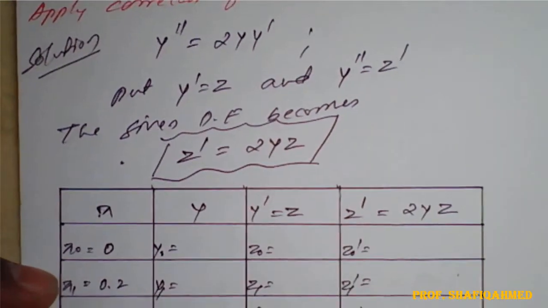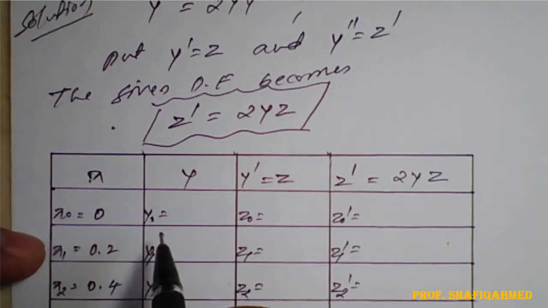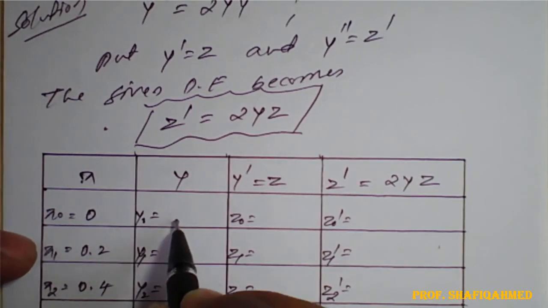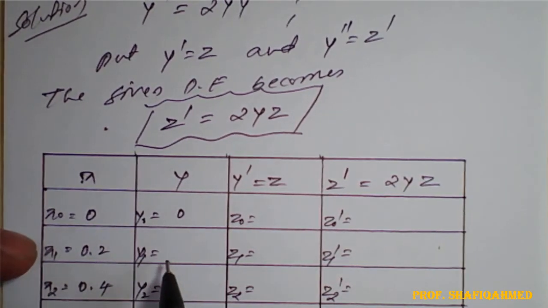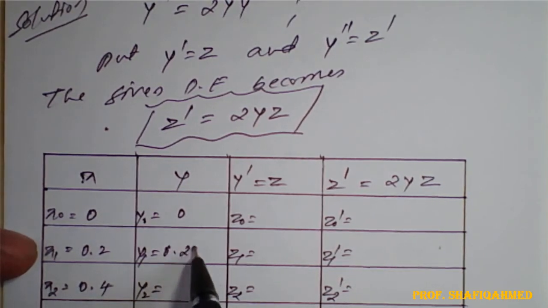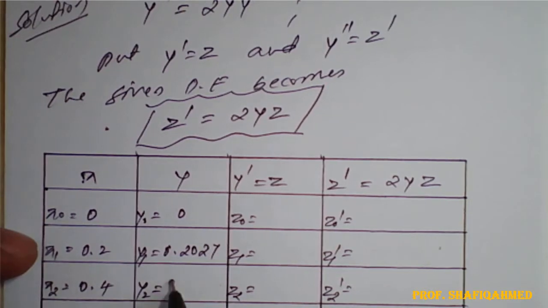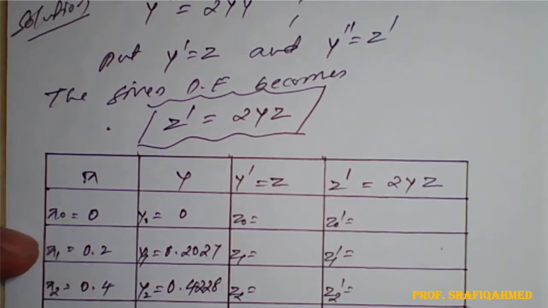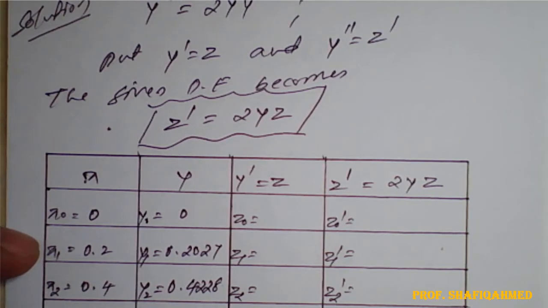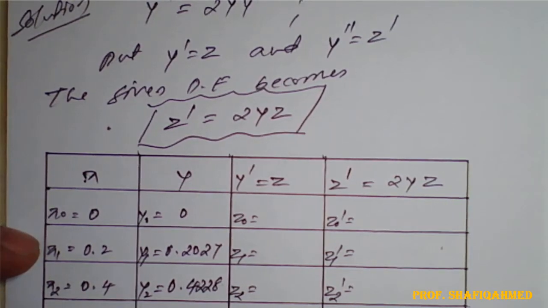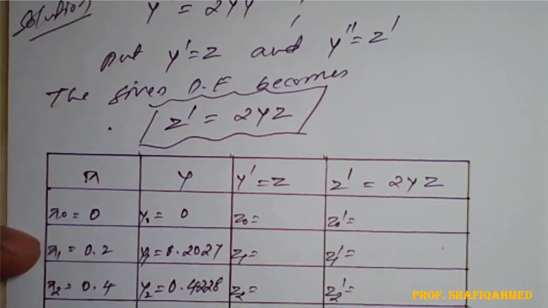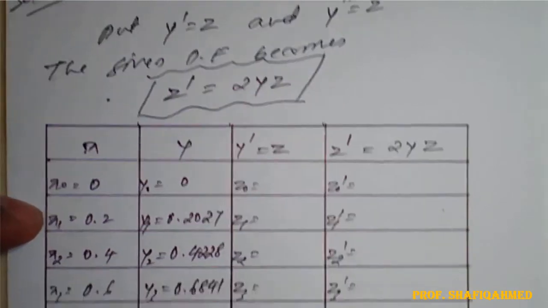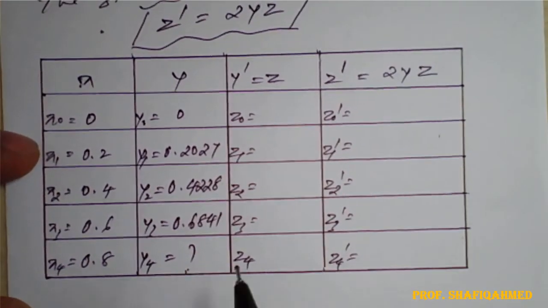So the y0 value is 0, y1 is 0.2027, y2 value is 0.4228, y3 value is 0.6841, and y4 is unknown, a question mark.